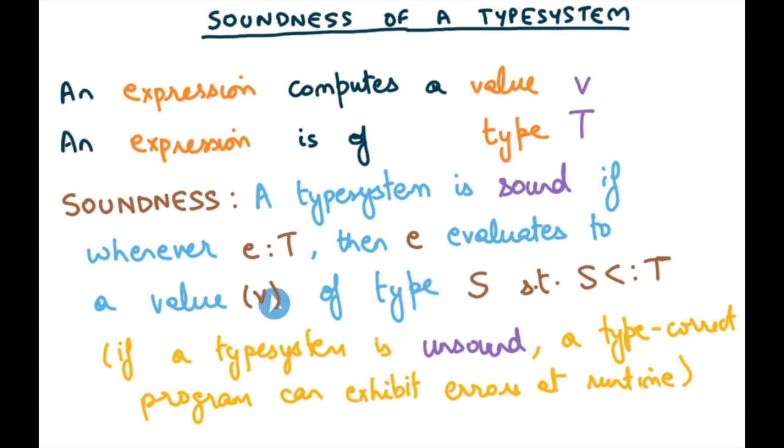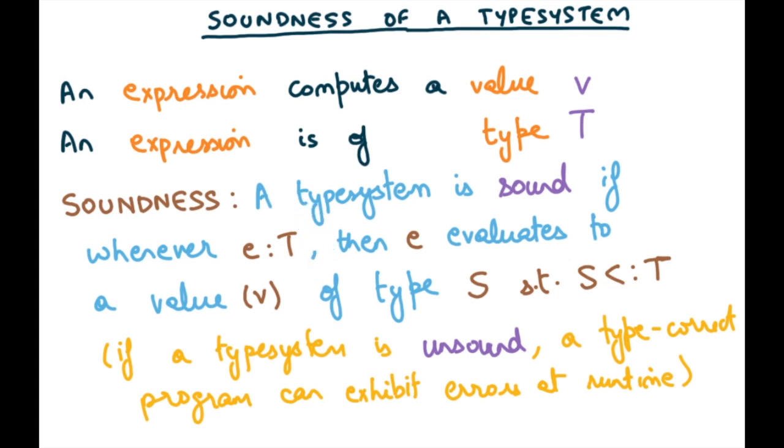So for example, if it computed value v1, which had type s1, then s1 should be a subtype of t. So all values that are ever computed for E at runtime should be of dynamic type s, such that the dynamic type is a subtype of the static type as computed through my typing rules at compile time.